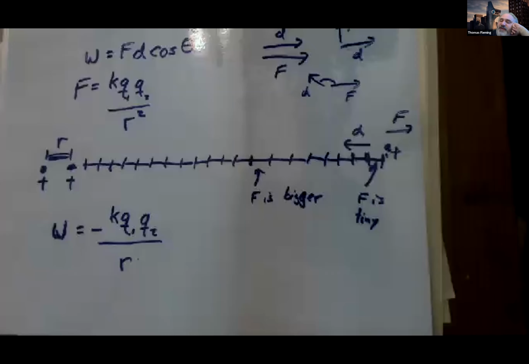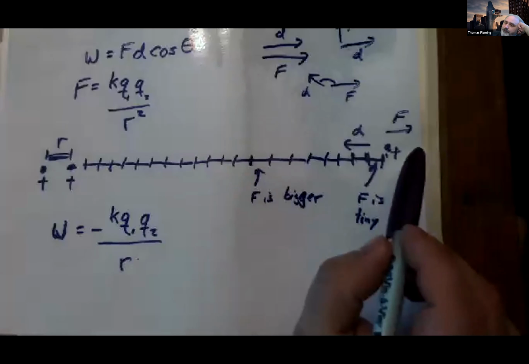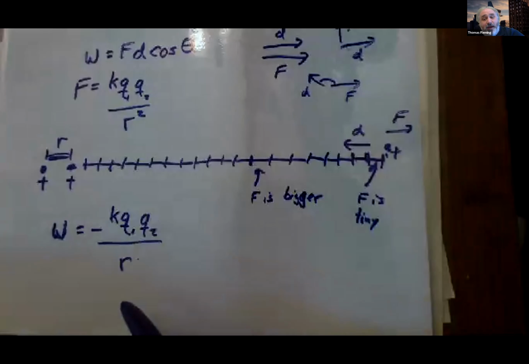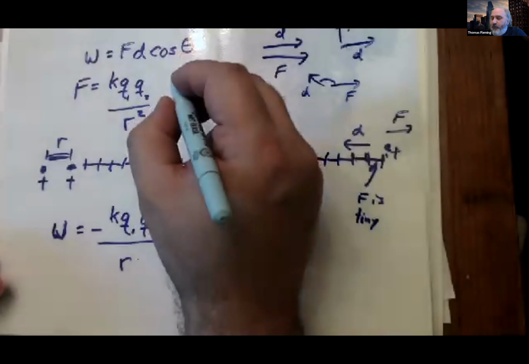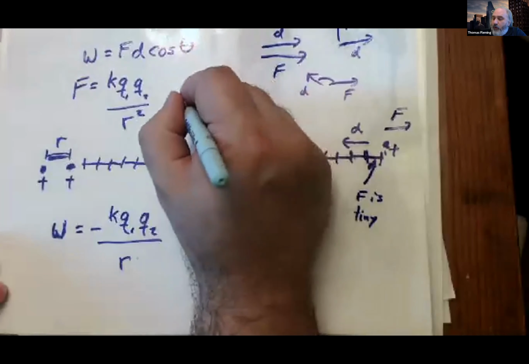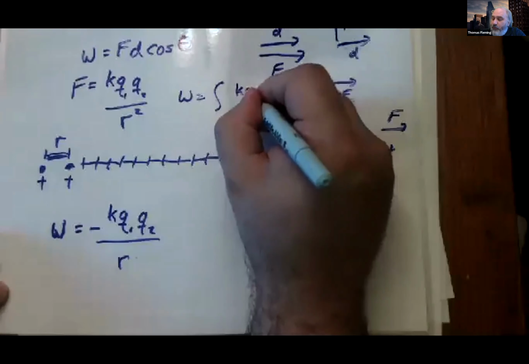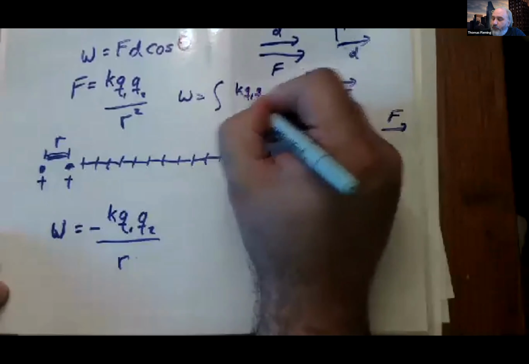The reason I'm jumping down from here to here is because I'm secretly doing an integral, but I'm not showing you that because this is not a calculus-based class. If we were doing calculus, I'd be saying that the work was the integral of k q1 q2 over r squared.